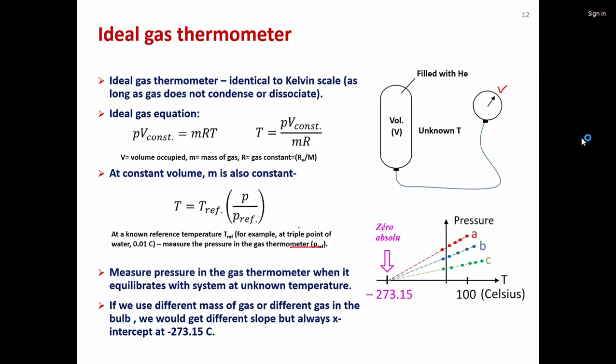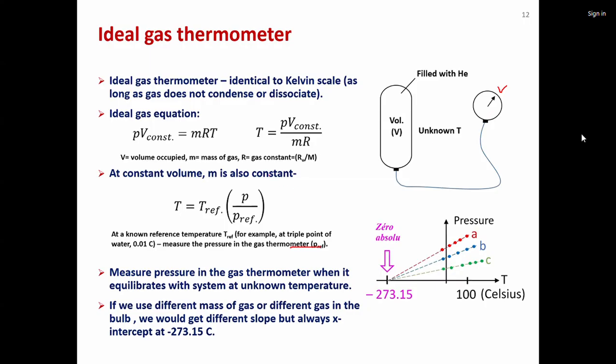Now you want to measure the temperature of some ambient. So you expose this tank to that ambient. When you expose this tank, what do you expect to happen? Let's say you are going to increase the temperature of the process space. When this temperature is higher than the reference temperature, the gas inside this tank is going to expand. So your pressure is going to increase, right?